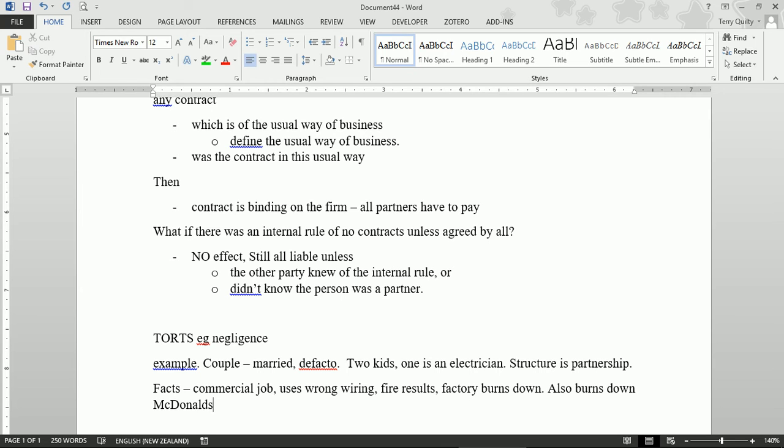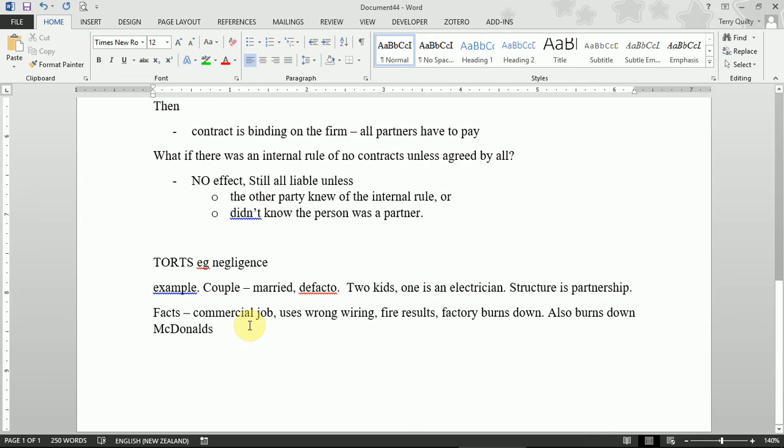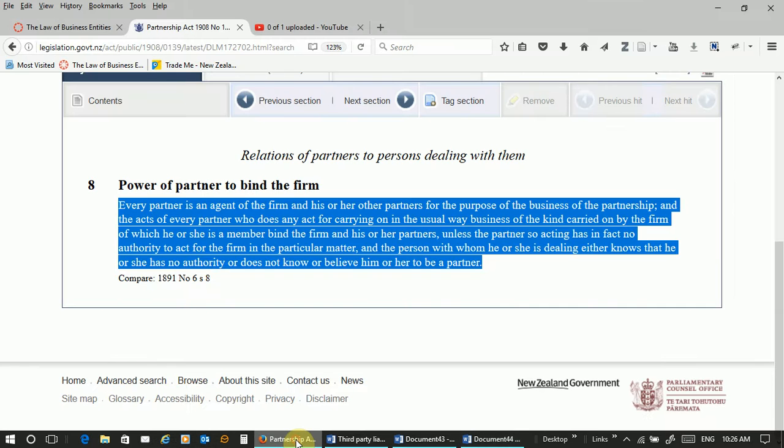Well, that might not upset some people, but I like the burgers. Anyway, it burns down McDonald's. Who can McDonald's sue? What is Ronald going to do? Now, if we look at Section 13, we'll go back to that right now.